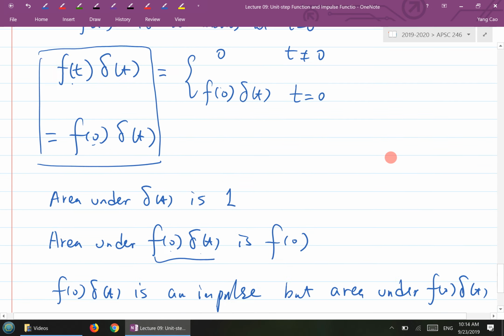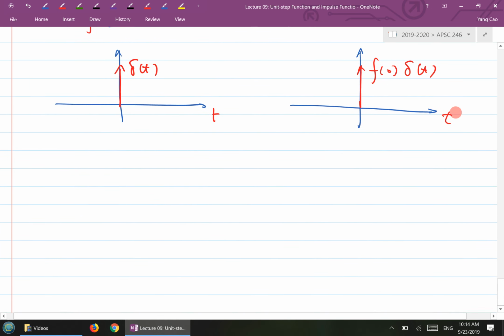Good question. So let's continue to my other part here. What if I have f of t times a shifted impulse?